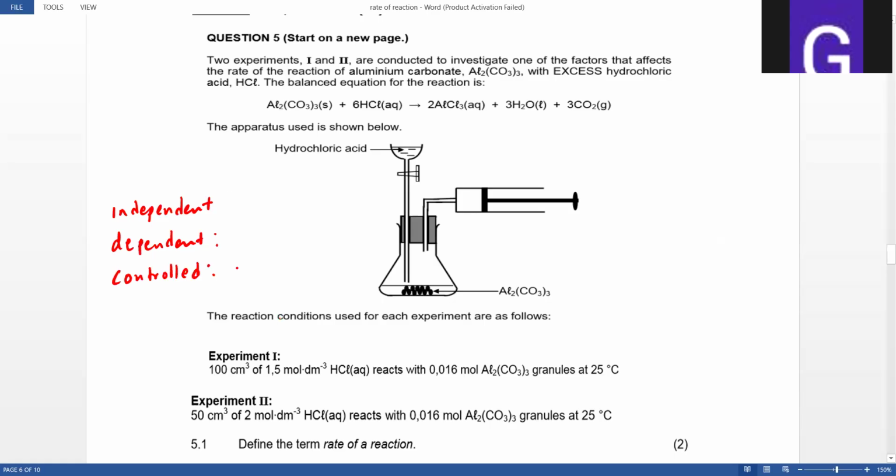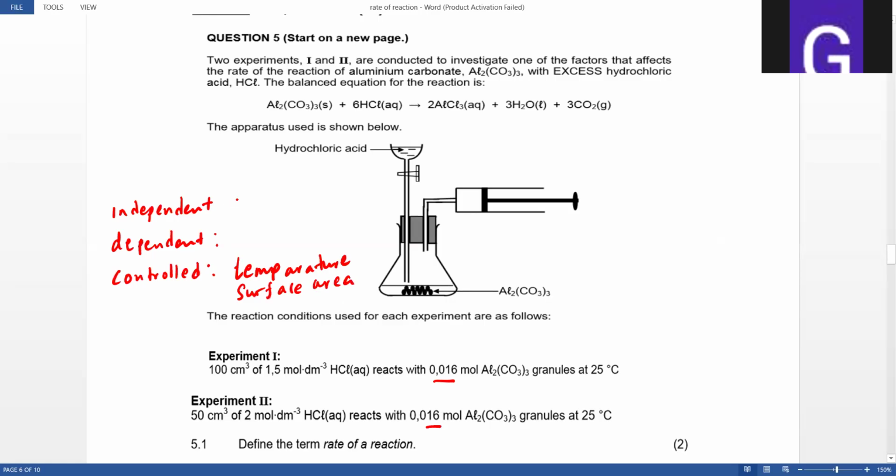It is the temperature, because the temperature of both experiments is 25 degrees Celsius, and it's also the surface area. One can also mention the number of moles of aluminium carbonate.